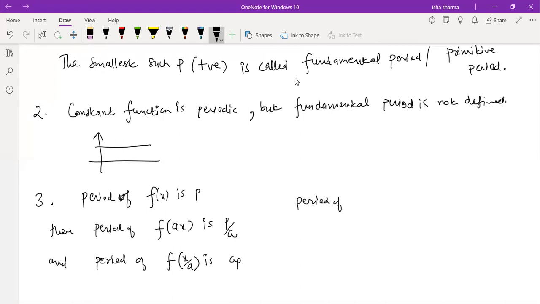So we know that the period of sin 3x is 2 pi by 3. It does not need 2 pi to start repeating the values. After 2 pi by 3, it will start repeating the values because x has been multiplied with 3, so the period gets divided by that number. This is a general result, not only for trigonometric, but for any periodic functions: the period gets changed upon scalar multiplication.